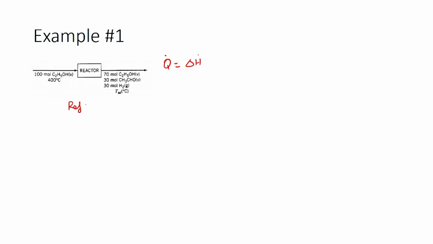So, here you choose the reference state as C2H5OH vapor, CH3CHO vapor and hydrogen gas, all at 25 degrees Celsius and 1 atmosphere. This is the condition in which these components are taking part in the reaction.